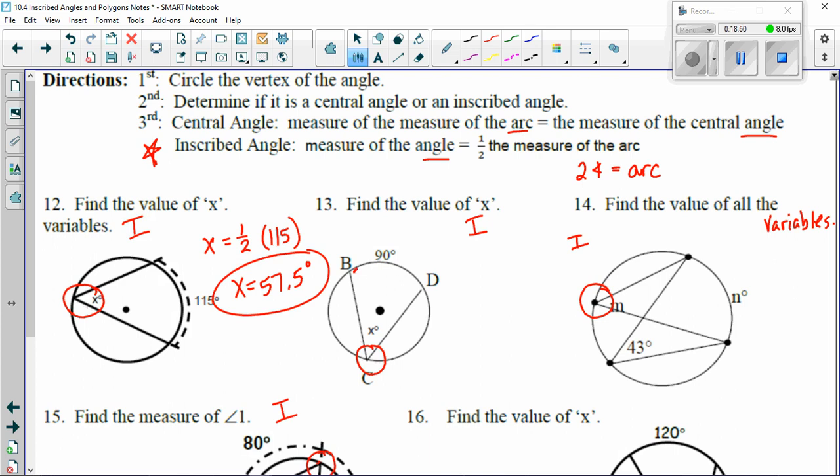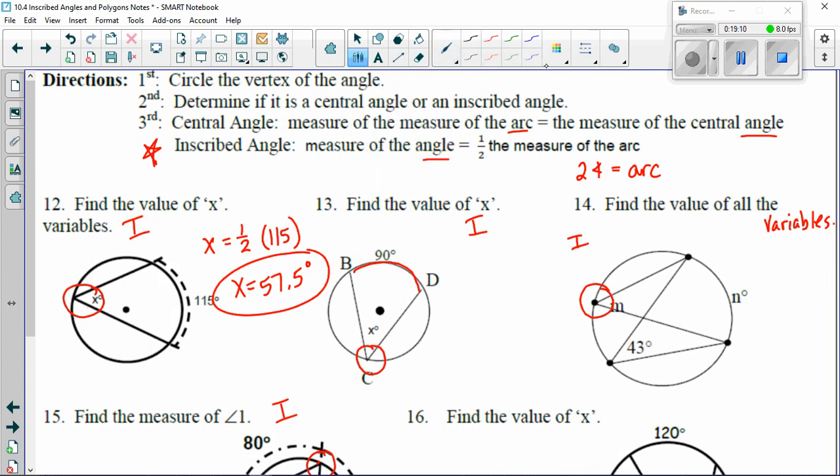This time I know the arc, so I know 2 times the angle is equal to the arc. Oops, I'm going to backtrack on that. Can I erase this? There we go. Sorry, I was looking ahead.